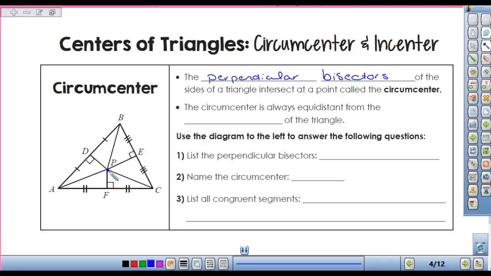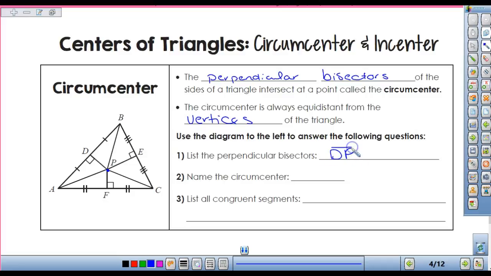The circumcenter is equidistant from the vertices of the triangle. Okay? So if we're talking perpendicular bisectors, first of all, we need to list our perpendicular bisectors. My first perpendicular bisector, let's go with this guy right here, is called DP.